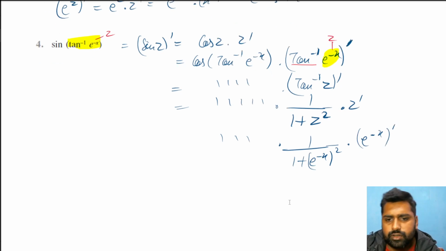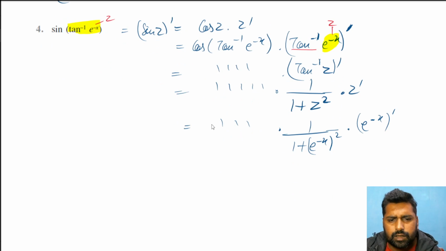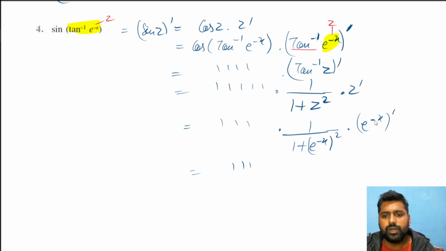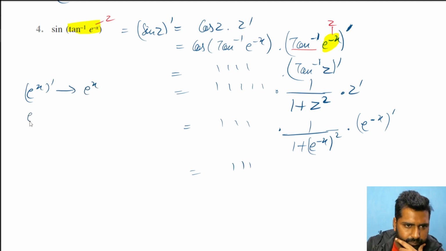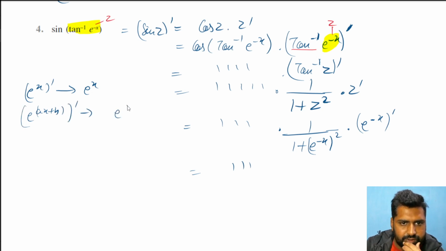Now what is the differentiation of e raised to power minus x? It is close enough to e raised to power x. It's just that instead of x, now you have a coefficient of minus 1. So see, e raised to power x differentiation is e raised to power x. If we use the ax plus b rule, e raised to power ax plus b differentiation will be the same, e raised to power ax plus b.